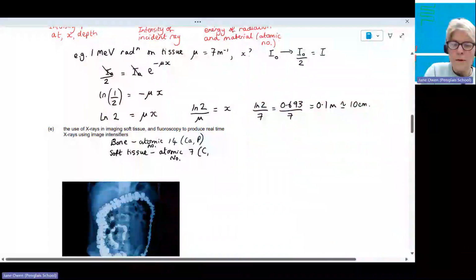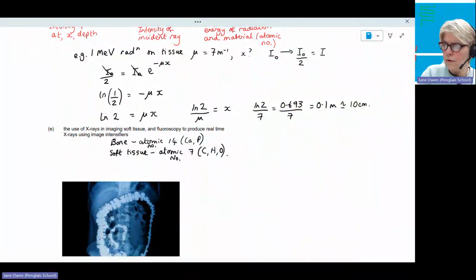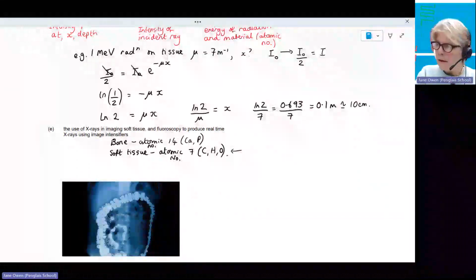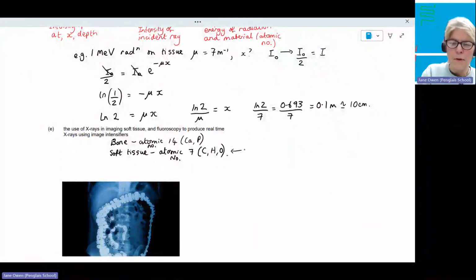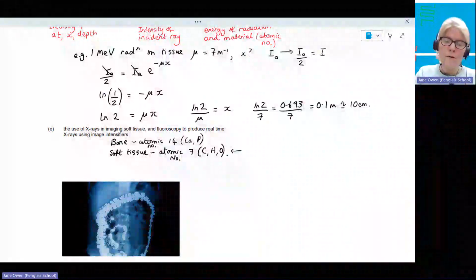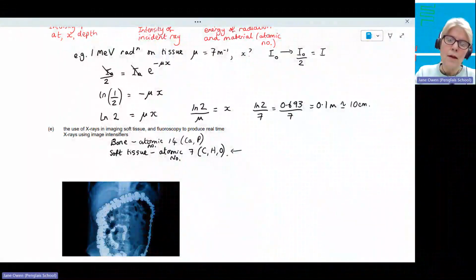You're looking at carbon, hydrogen, and oxygen. So X-rays can travel much further before they are absorbed, because you can see with this equation here, x is inversely proportional to the absorption coefficient, and the absorption coefficient is dependent on the atomic number.